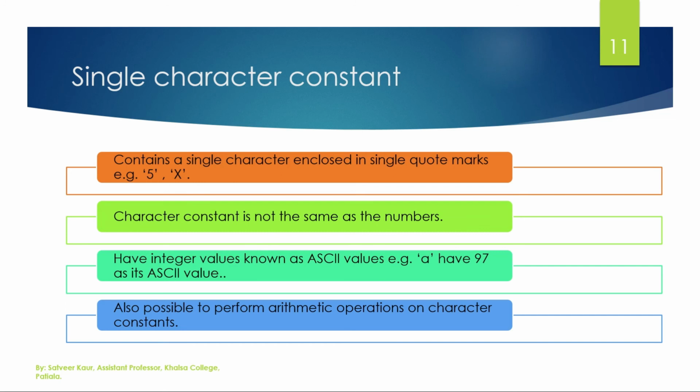It has some integer values known as ASCII values. ASCII means American Standard Code for Information Interchange. For example, if we write 'a', then it has ASCII value associated with it, 97. It is also possible to perform arithmetic operations on character constants.